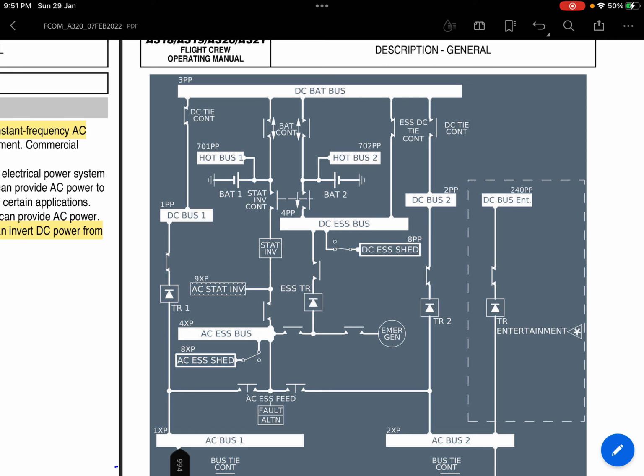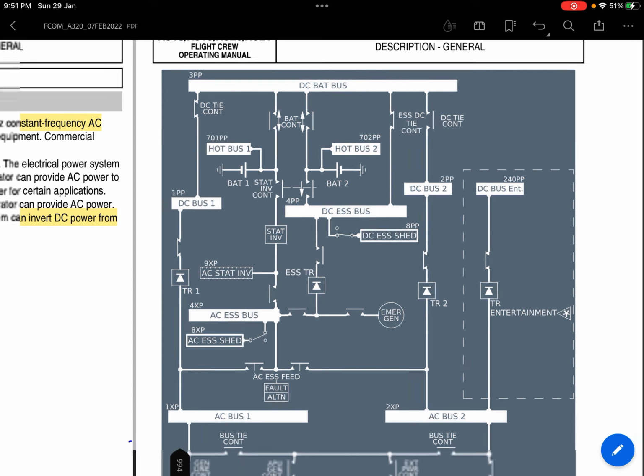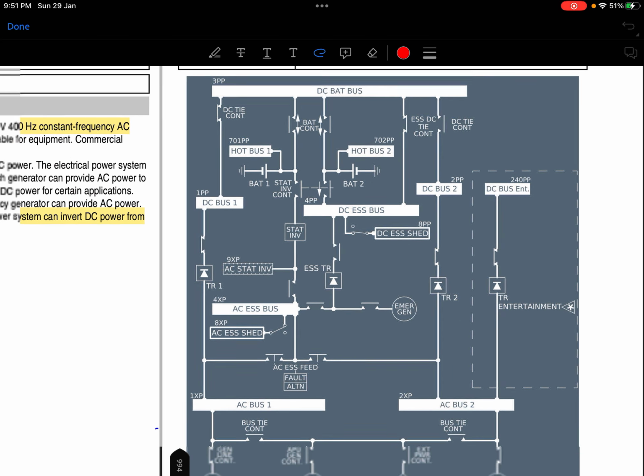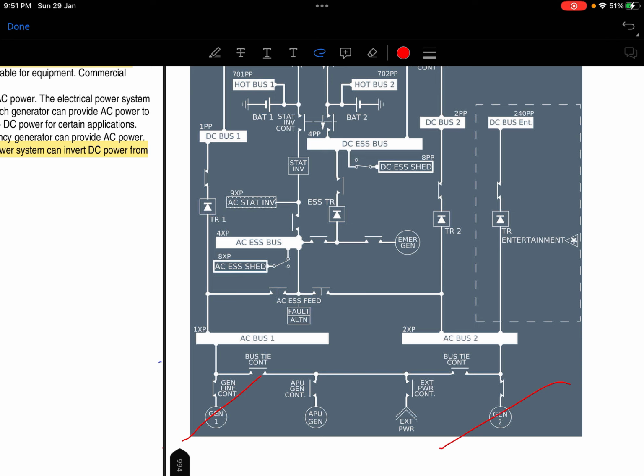It is question number 75. In flight, in case of loss of all main generators, let's say generator 1 and generator 2, we have lost both generators. Now the emergency generator is also not running, so this generator is also not running.